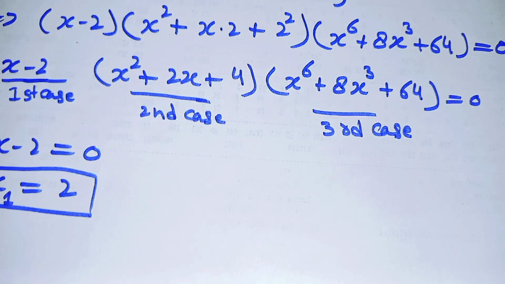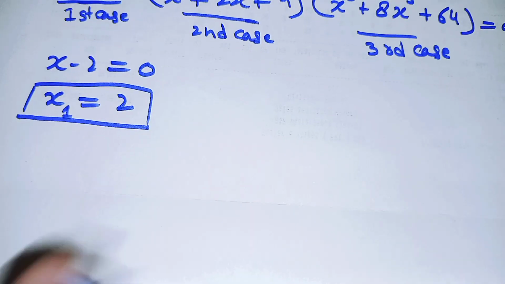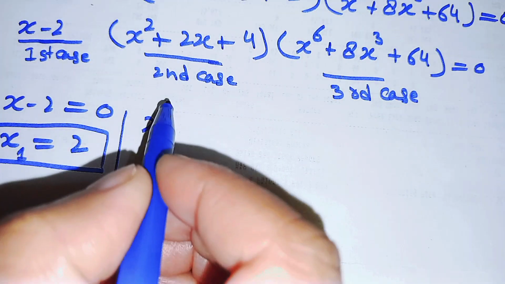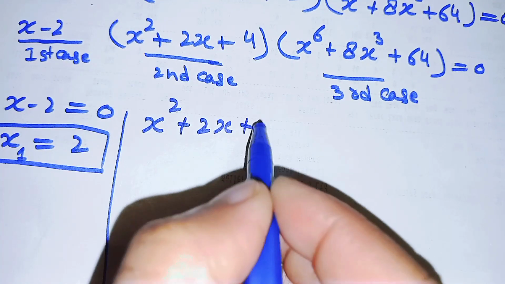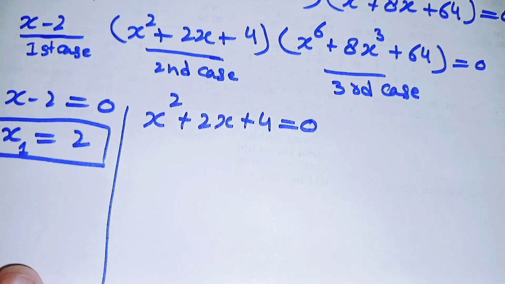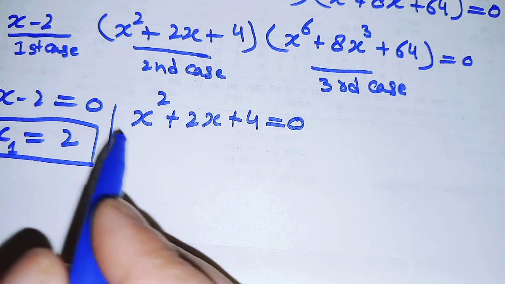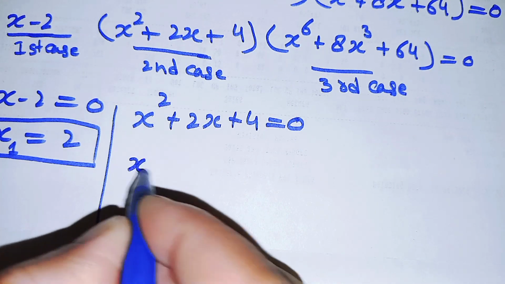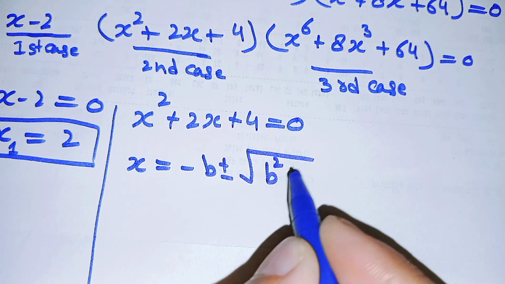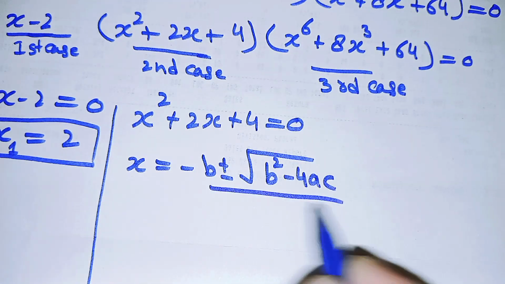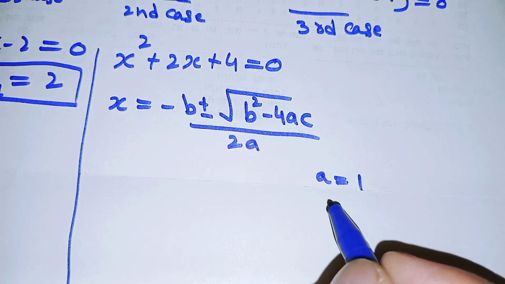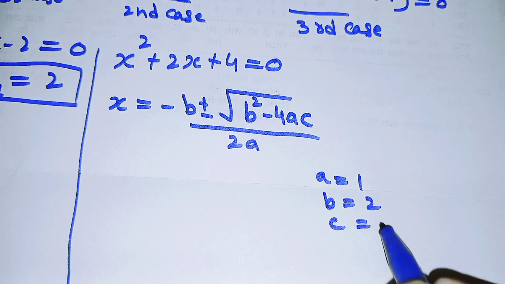So now we solve the second case, which is x square plus 2x plus 4 is equal to 0, and this case we solve with the help of the quadratic formula, which is x is equal to minus b plus or minus the square root of b square minus 4ac, over 2a. Here a is 1, b is 2 and c is 4.